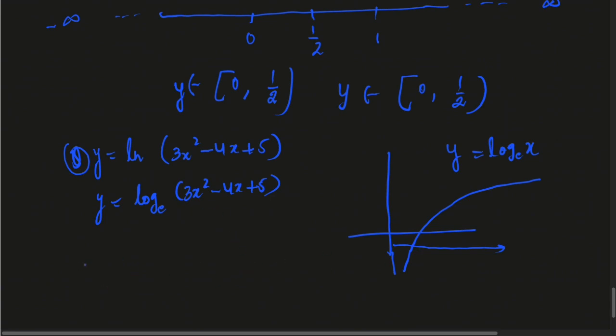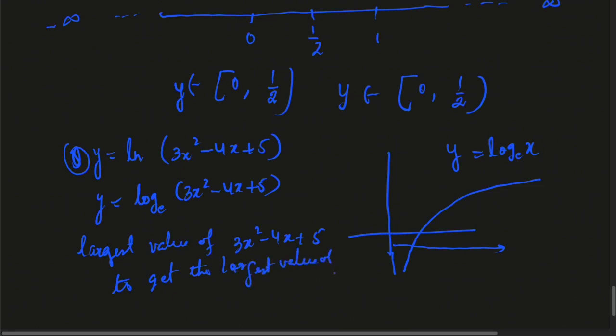So now we have to find the largest value of 3x square minus 4x plus 5 to get the largest value of ln 3x square minus 4x plus 5.